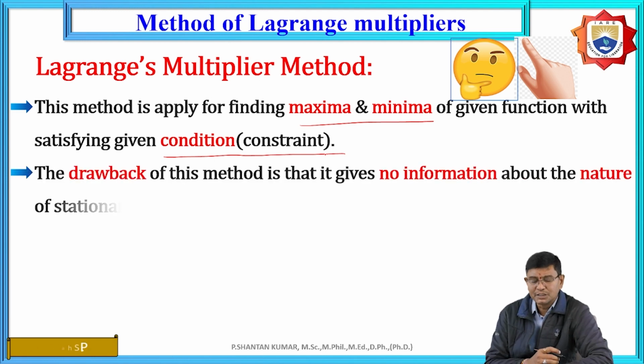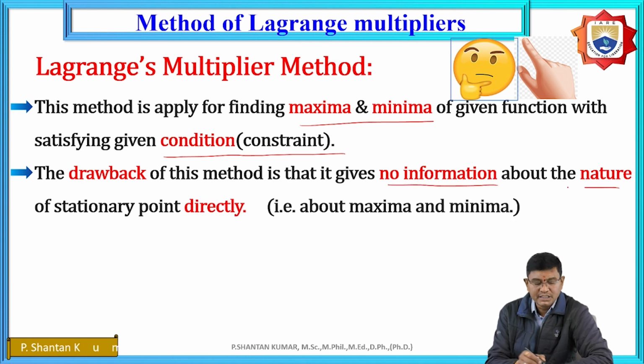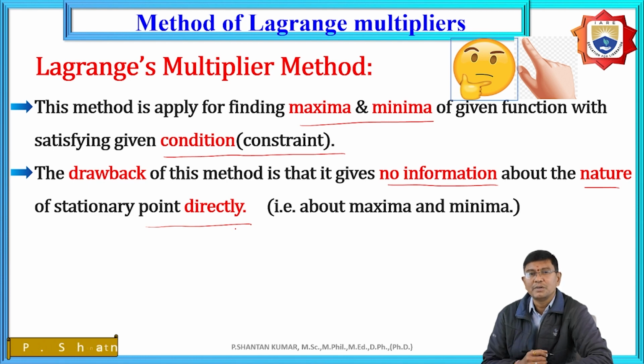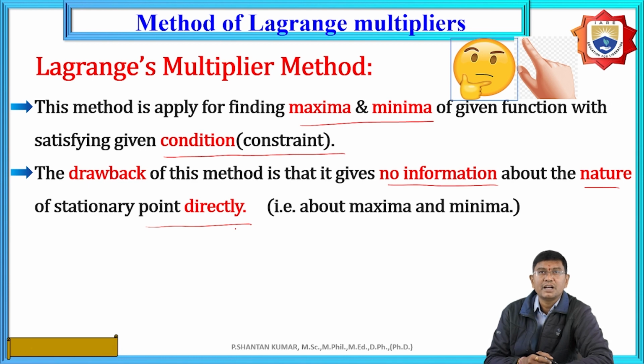The drawback of this method is that it gives no information about the nature of the stationary point directly, that is, about maxima or minima. It is not possible to find the nature of the stationary point directly.